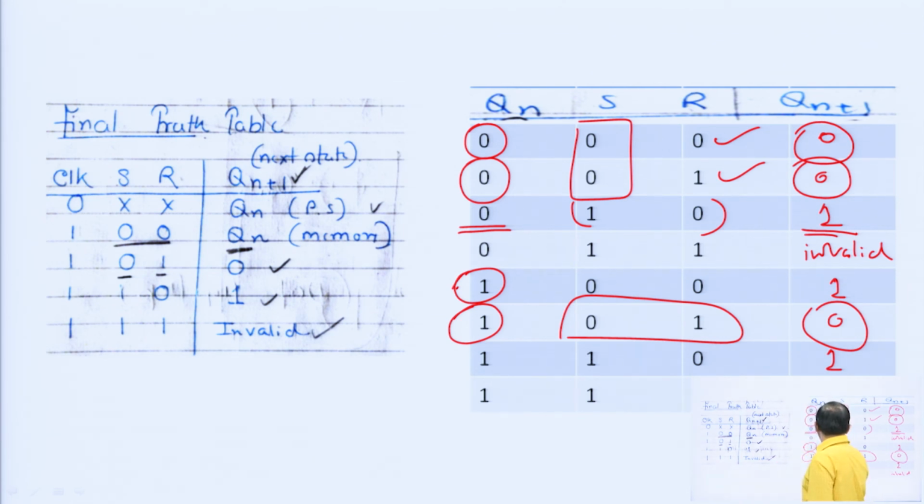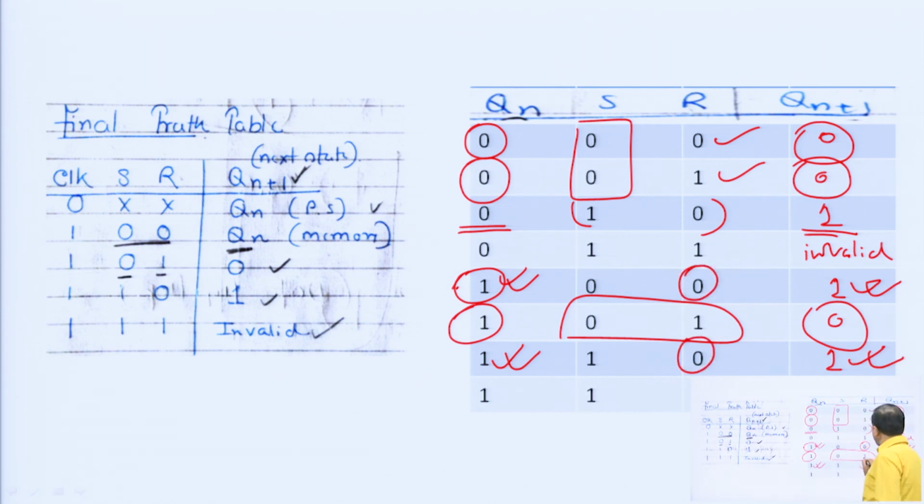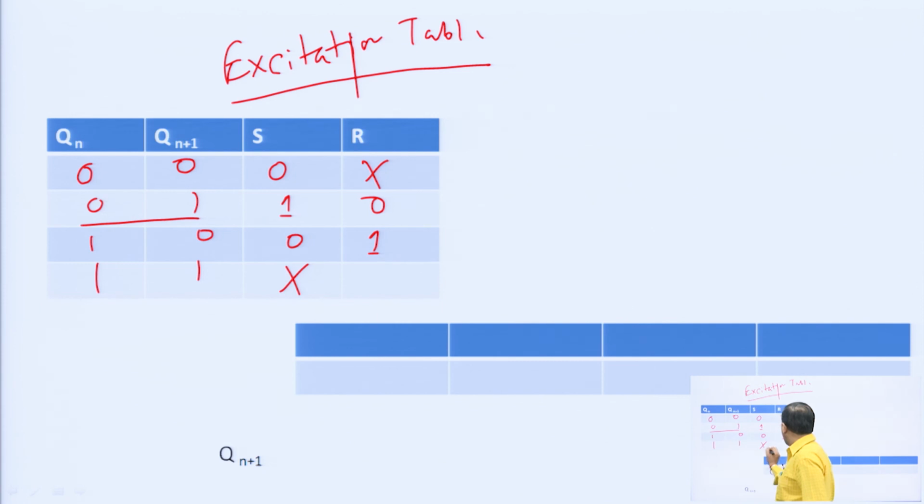Here Qn is 1 and Qn plus 1 is also 1, and again Qn is 1 and Qn plus 1 is also 1. Here R is 0 in both cases, but in one case S is 0 and in the other S is 1. So S is fluctuating and R is 0, so we can write cross 0.